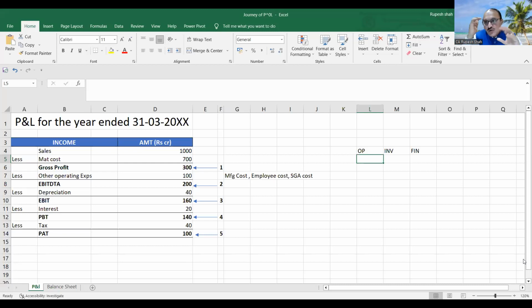If you really look at their overall performance, because business is all about these three activities, this EBITDA belongs to the operating bucket. Then your depreciation belongs to the investment bucket, and your interest belongs to the financing bucket, right?